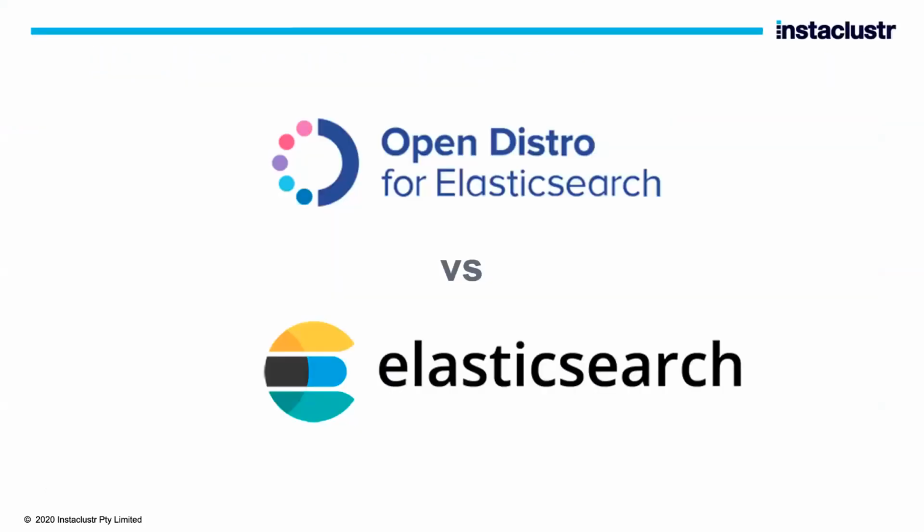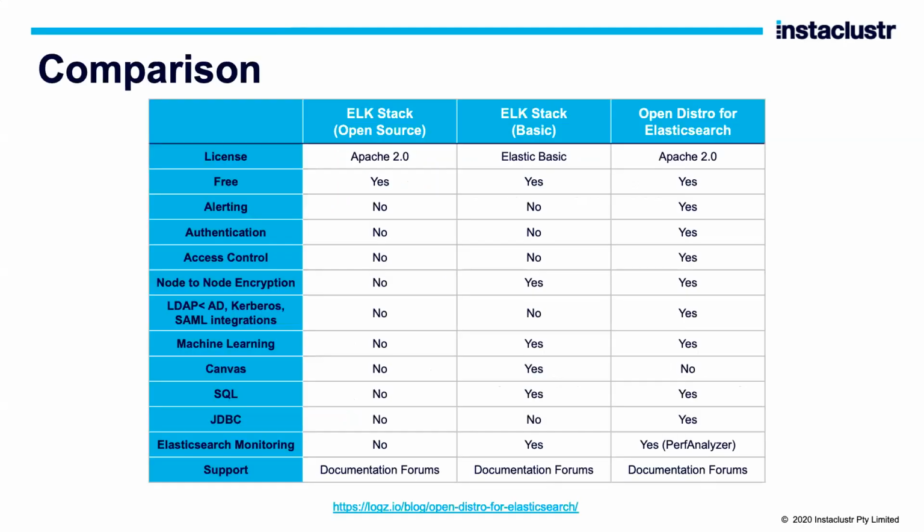So here now the question comes in. We've got Open Distro for Elasticsearch and Elasticsearch, which is managed by elastic.co. Here are some of the features. Let's go through them very quickly and give you the difference as well. License wise, Elasticsearch ELK is open source or basic.